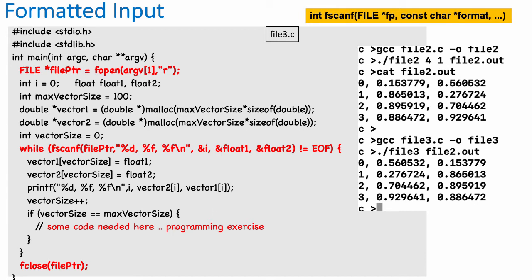So once I go beyond max vector size, I'm now writing to memory in a spot that I have not allocated for these vectors. So I'm just going to start clobbering some existing data, and I'll keep clobbering it until I reach the end of the page that I'm in. If I reach the end of the page that I'm in, I'm going to page fault and kill the program.